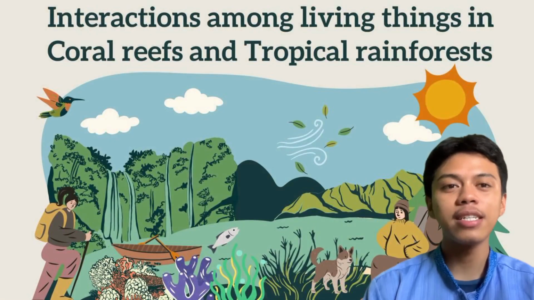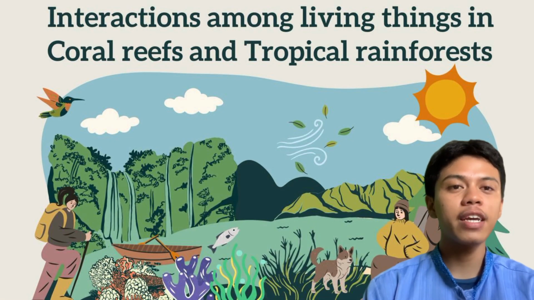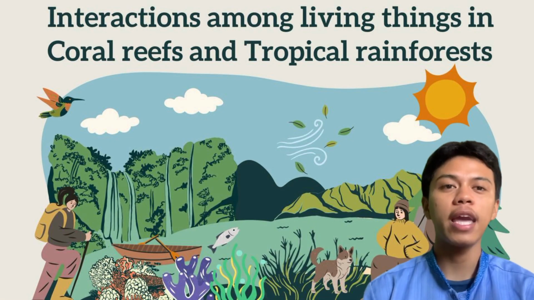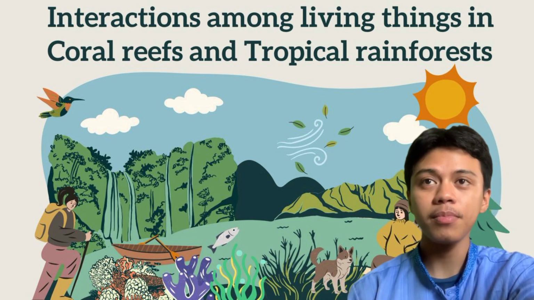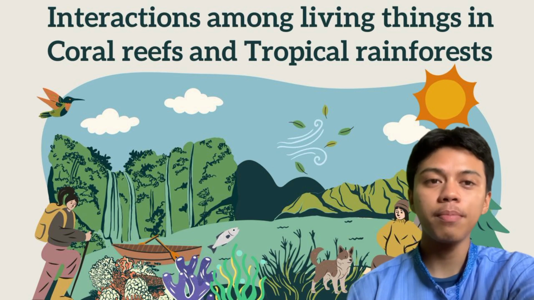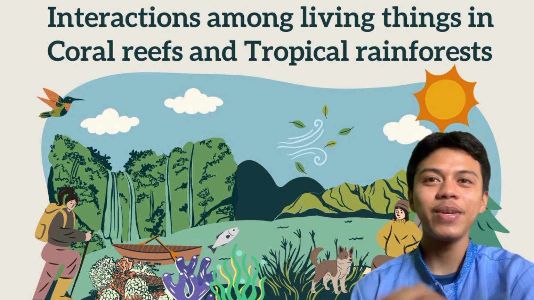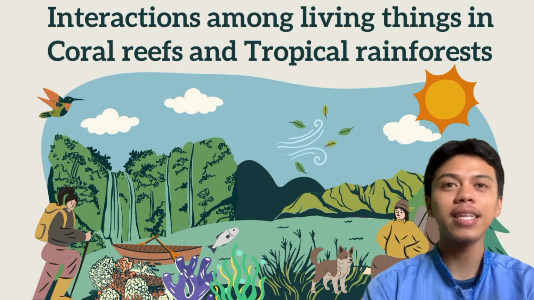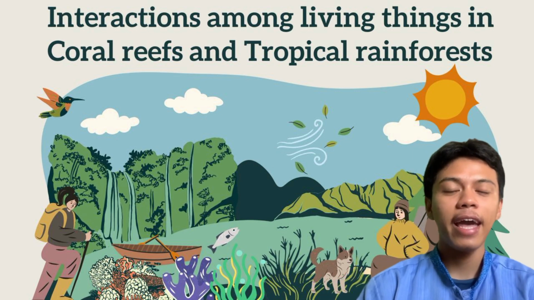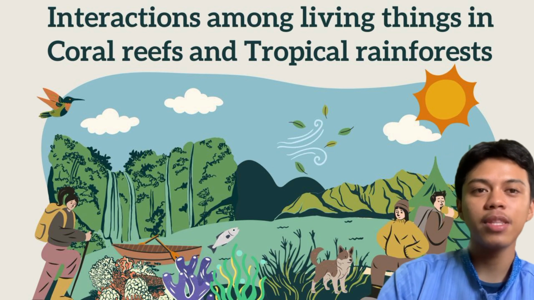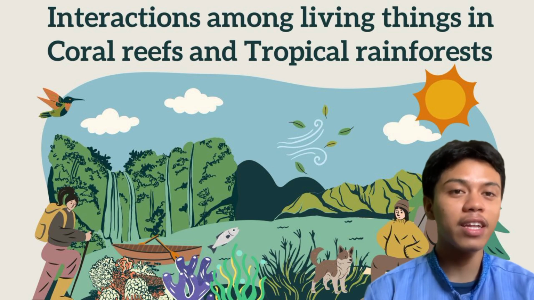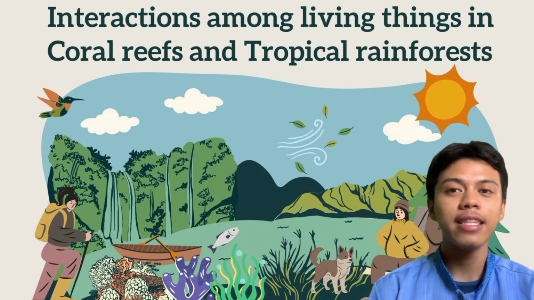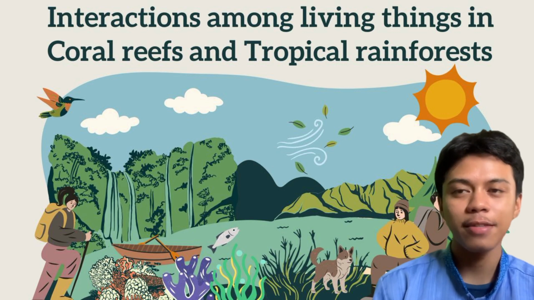So our new topic is all about the interactions among living things in coral reefs and in tropical rainforests. I will show you here our PowerPoint presentation of our new topic, which is the interactions among living things and non-living things in coral reefs and tropical rainforests.